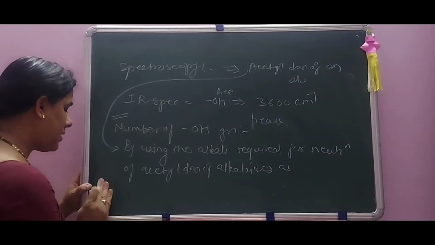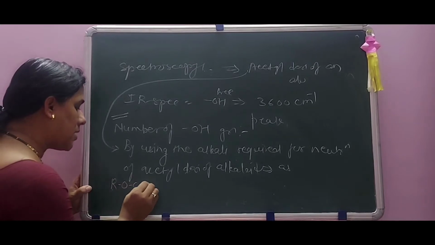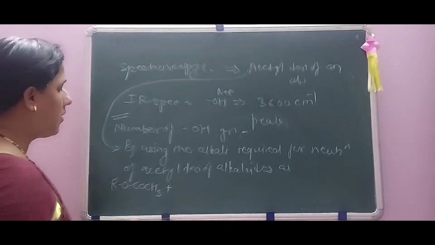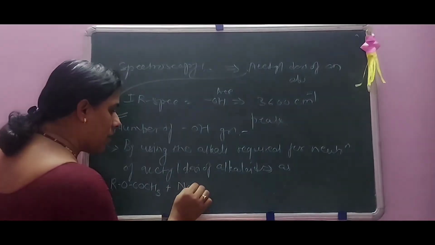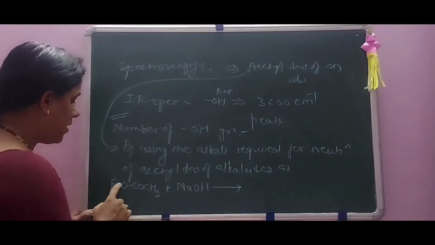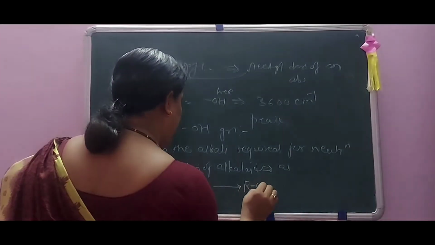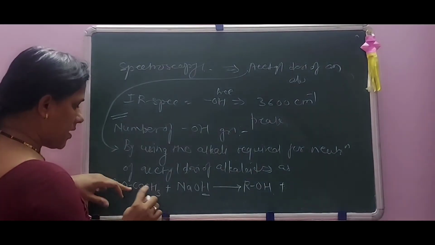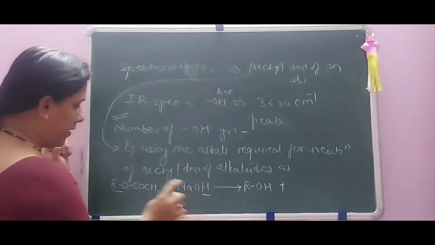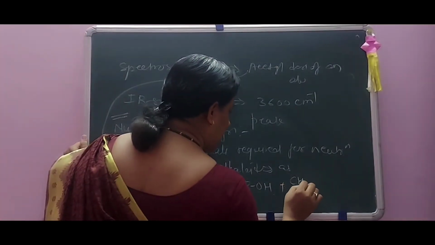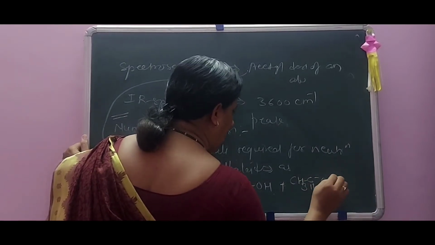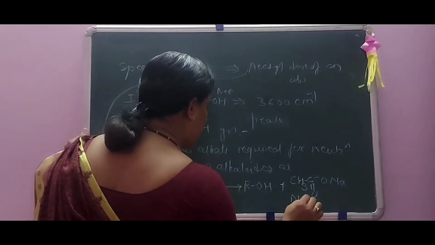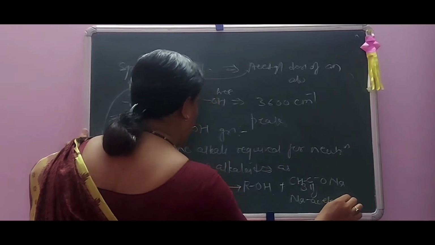The reaction is ROCOCH3, the acyl derivative of an alkaloid, on reaction with NaOH, gives ROH plus CH3COONa, that is sodium acetate.